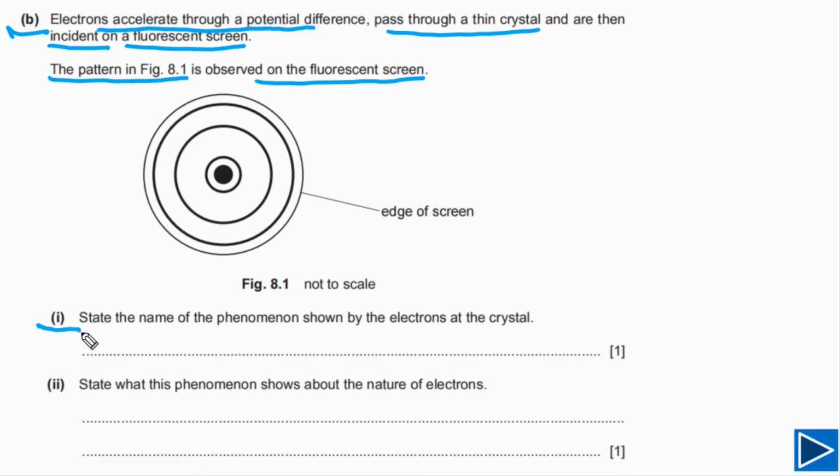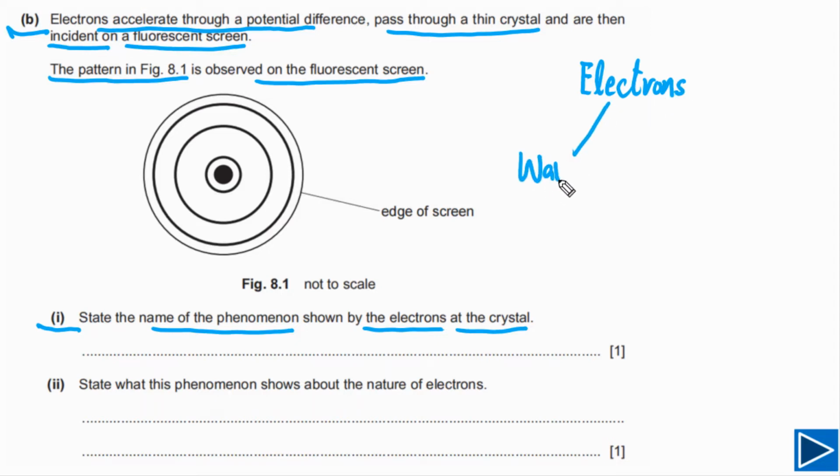For part B1, we need to state the name of the phenomenon shown by the electrons at the crystal. Electrons behave as waves and electrons also behave as particles, but it depends on the conditions.